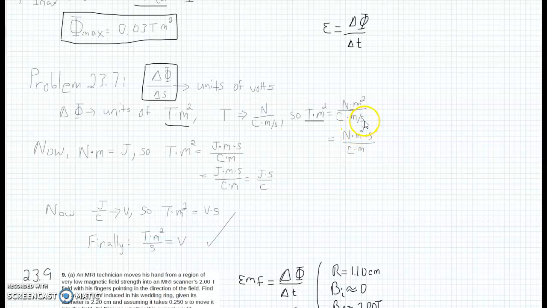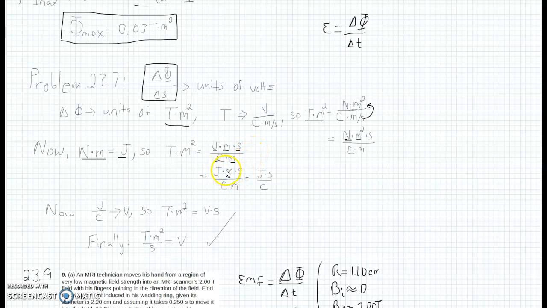Since meters per second is in the denominator, I can move the seconds up to the numerator and get newtons times meters squared times seconds over coulombs times meters. Now, newtons times meters is joules. So if I take one of these meters and multiply it by newtons, I get joules, but I still have one of the meters left over, and I still have my seconds, and I have my coulombs and my meters.